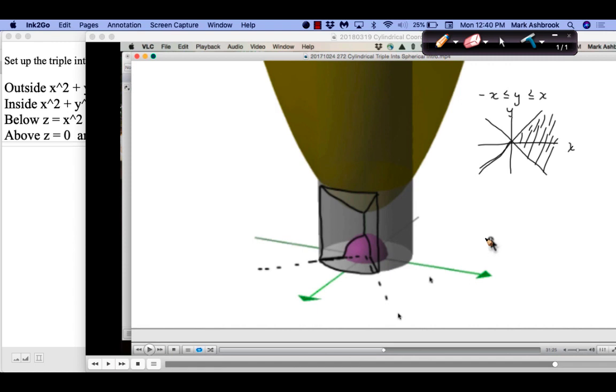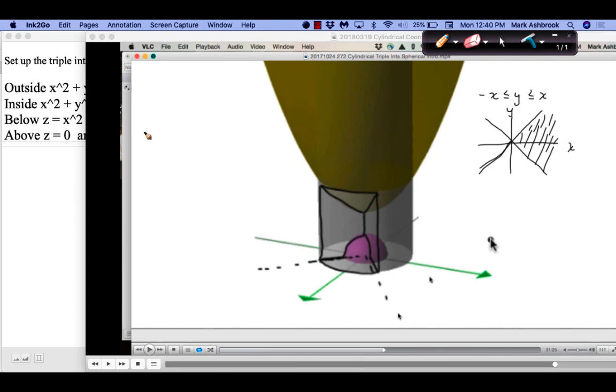So the z is bottom to top. What's the bottom of this thing? What's the bottom of this solid? Depends, right? Sometimes it's z equals 0. Sometimes it's the top of the sphere.